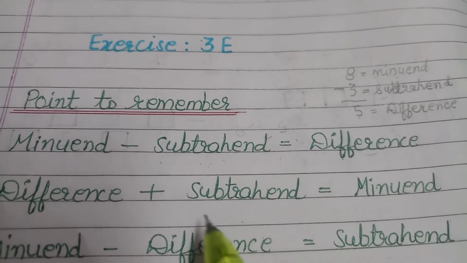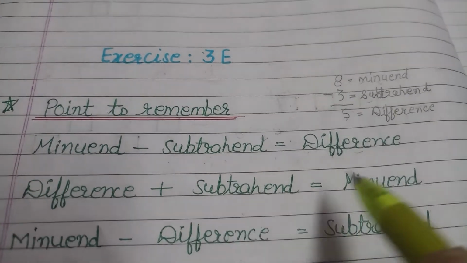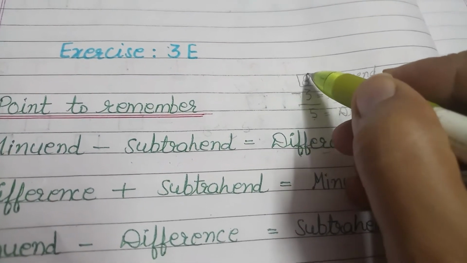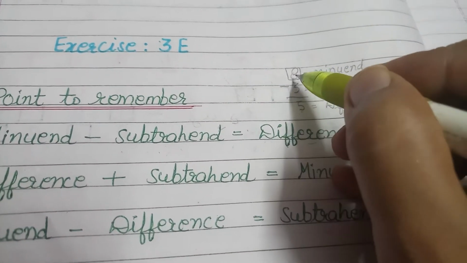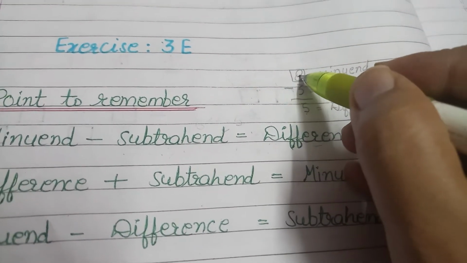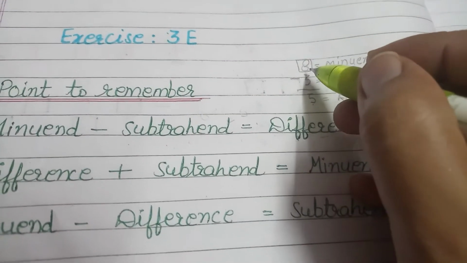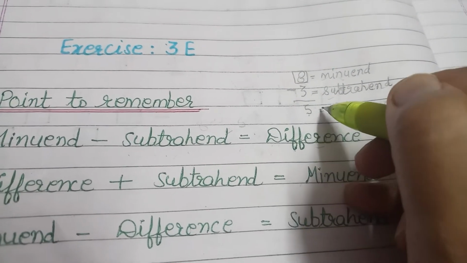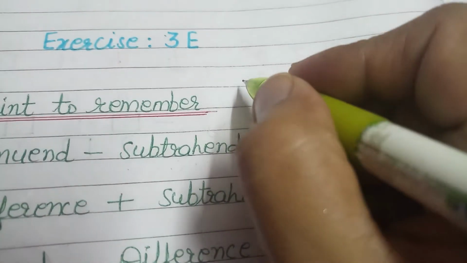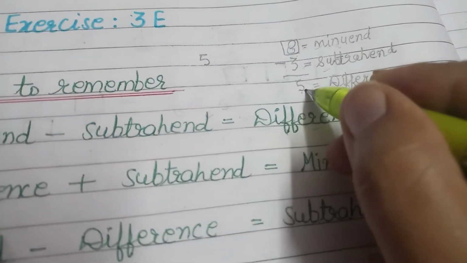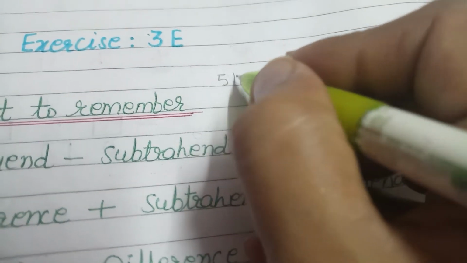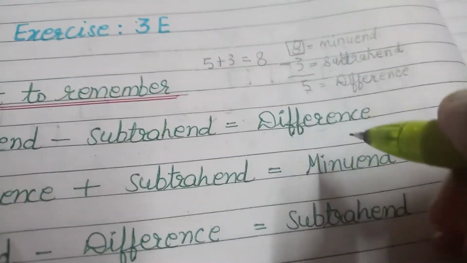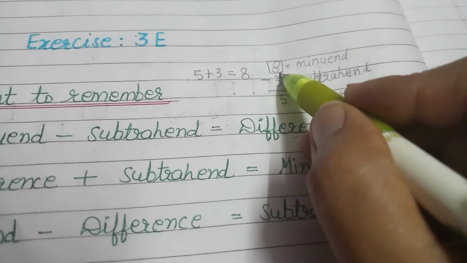Now the second point, when we have a missing digit of the minuend, and we don't have this number, we will do difference plus subtrahend. Our difference is 5 and the subtrahend is 3. So when we add 5 plus 3, it's 8. See here, we got our 8.